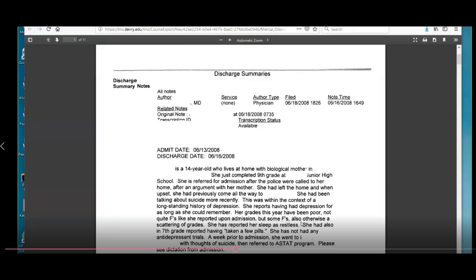Her grades this year have been poor, not quite F like she reported upon admission, but some Fs, also otherwise a scattering of grades. She reported her sleep as restless. She also had, in 7th grade, reporting taking a few pills. She's not had any antidepressant trials. A week prior to admission, she went somewhere with thoughts of suicide, then was referred to a program.